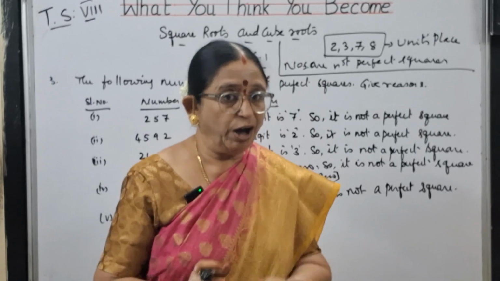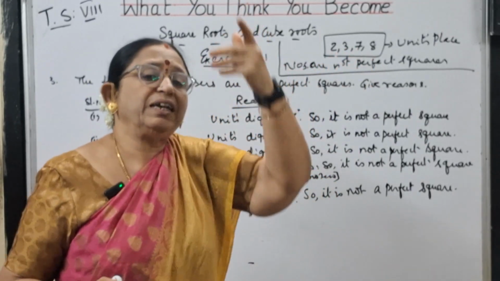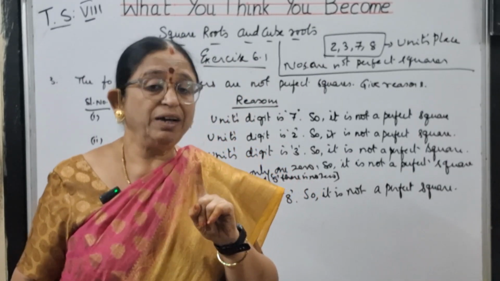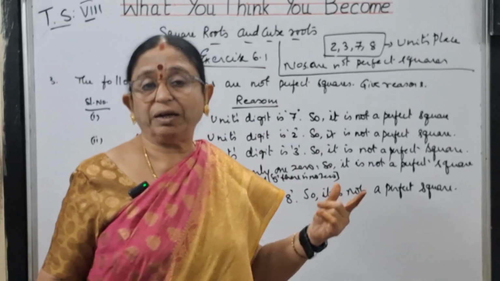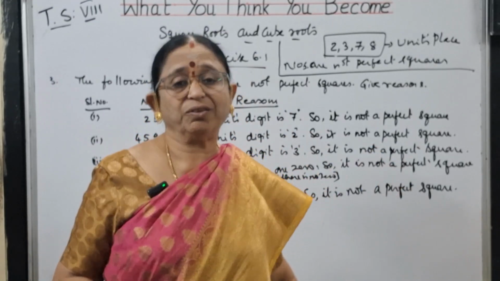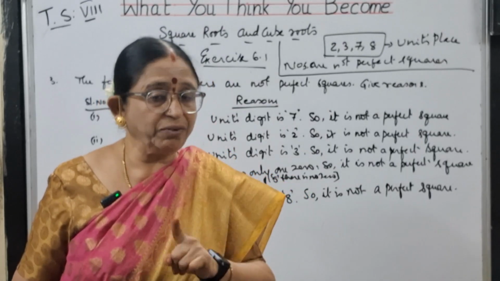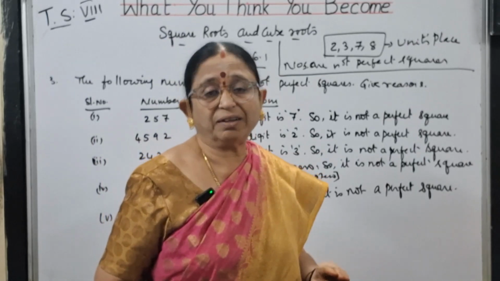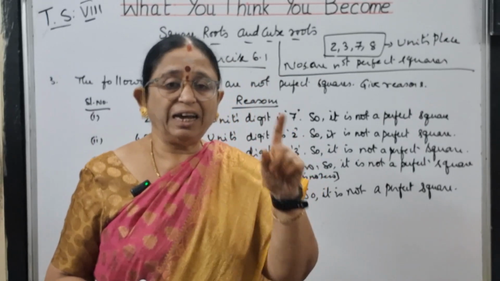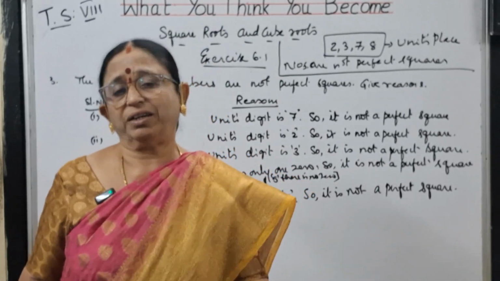So we have got a formula for it. If units place has got 2, 3, 7, 8, you can directly say it is not a perfect square. But they have given 0. Actually, in the earlier topic which I have taught, if 0 is there, in some cases you can see that it is a perfect square. But if you observe carefully, if 3 digits are there, like 900, 9 means you can write 3 into 3, and instead of 2 zeros, 1 0, 30 into 30.